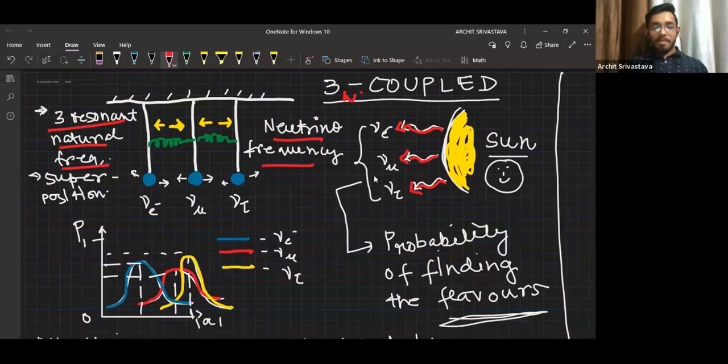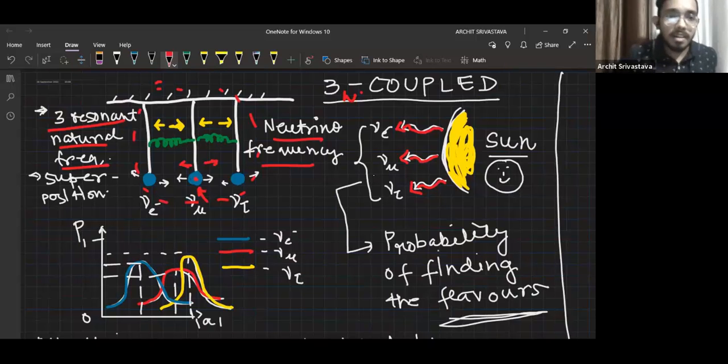That happens to be achieved when the middle pendulum is disturbed and sent into oscillation, and the resulting oscillation of the whole system is named the neutrino frequency. So why is it named the neutrino frequency?